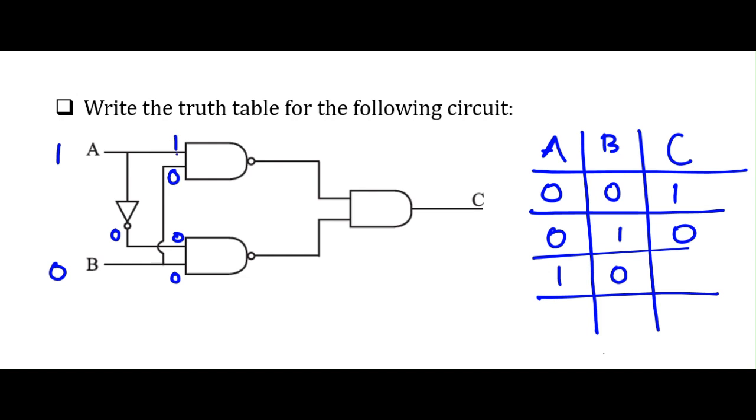Now we have 1 0. After passing through the NAND gate, it will be 1, and 0 0. After passing through the NAND gate, it will be 1. So 1 1, and the final result will be 1 here. We can write 1.